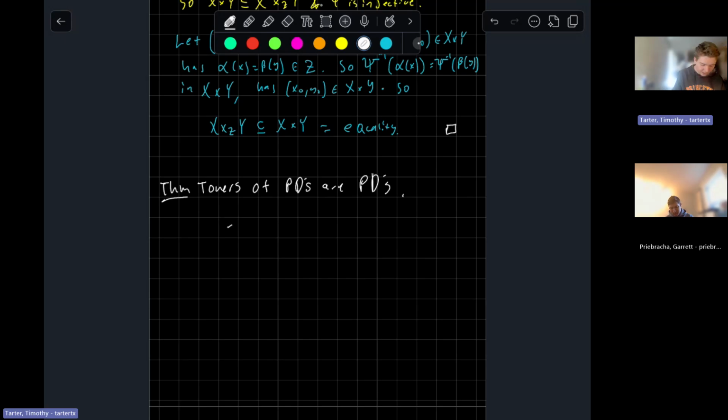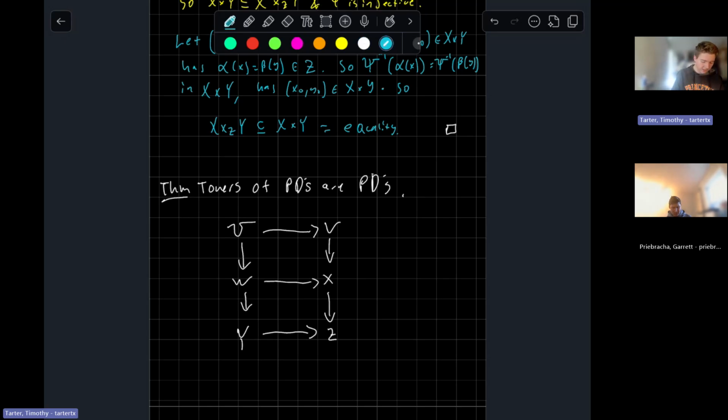What do I mean by this? Okay. U, V, W, X, Y, Z, looks like this. And if the two squares are Cartesian diagrams, show that the outside rectangle U, V, Y, and Z is Cartesian.